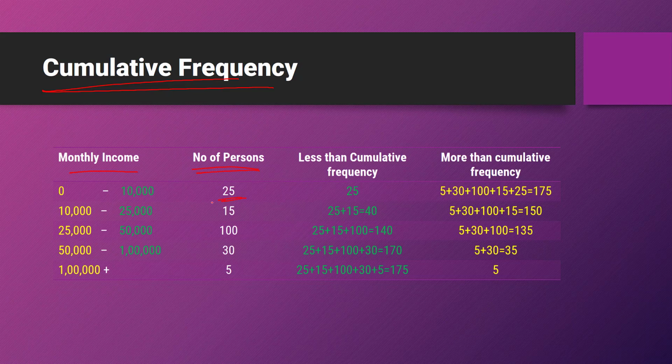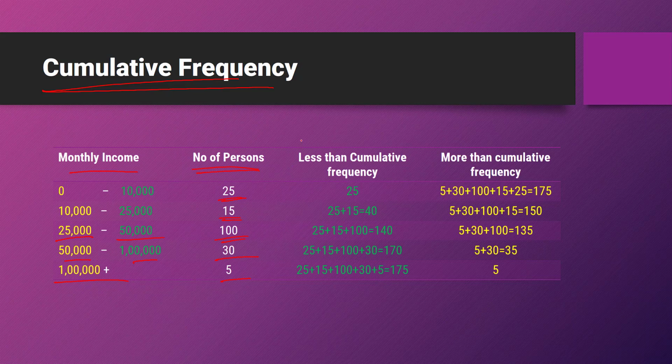There are 25 people whose monthly income is between 0 and 10,000. There are 15 people between 10,000 and 25,000. There are 100 people between 25,000 and 50,000, 30 in the next range, and 5 with income more than 1 lakh per month, right?